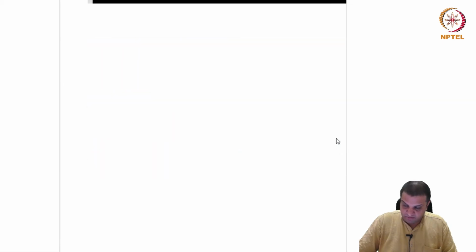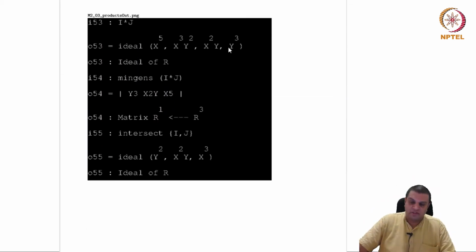We get this product, and it says it's an ideal of R. When we look at this, we see that x squared y already divides one of the generators. So anything that is a multiple of this is already a multiple of that one. So it is a redundant generator. So we ask Macaulay to compute the minimal generators using the mingens command.